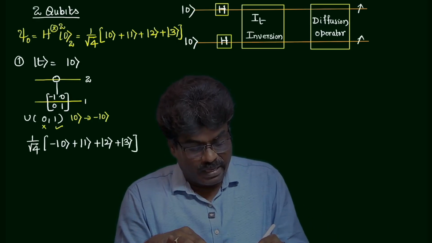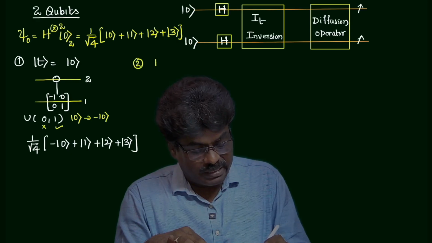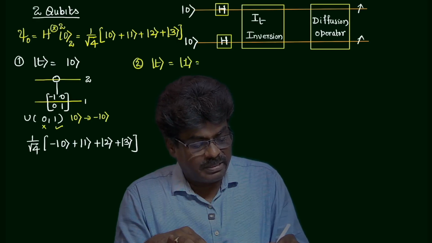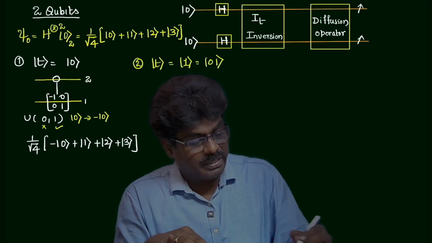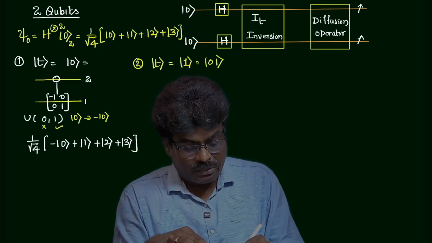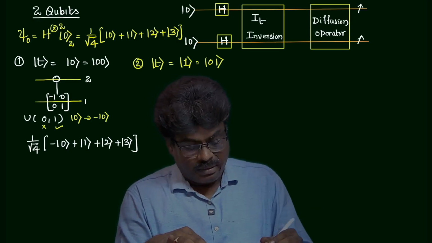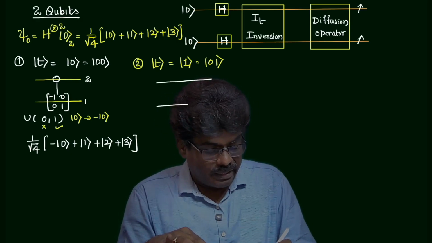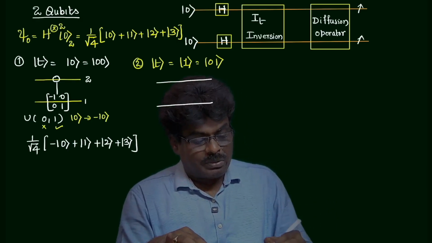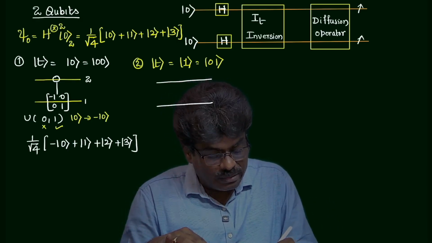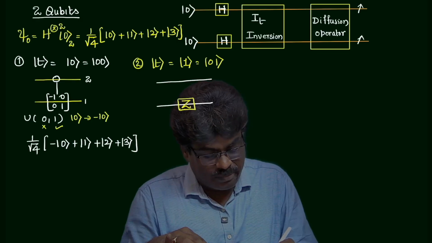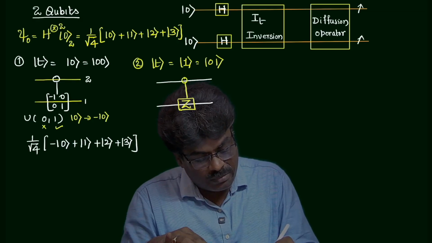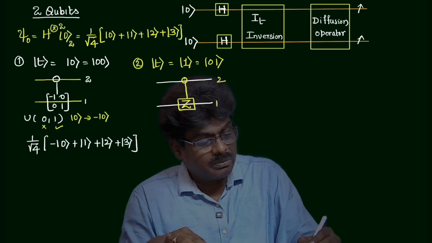And next I am taking the target state as 1. Okay, so this is nothing but 0 1 in binary notation. For this oracle we have already explained in the earlier video. So here first we have 1, that's why this is the Z only. Okay, and here we have anti-control, this is 1 and 2.